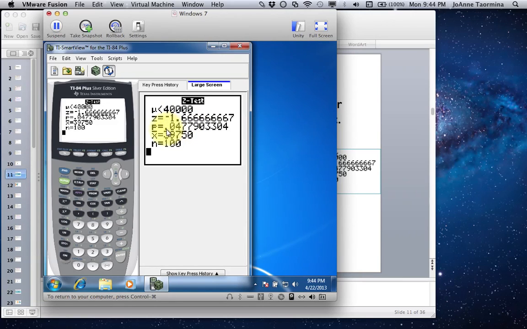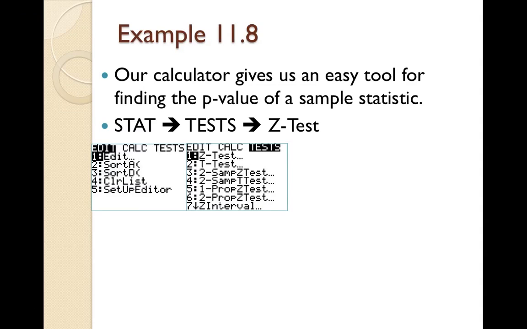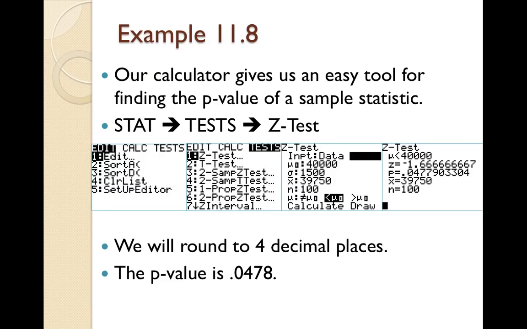That's what we're after right now. We're going to round our p-value to 4 decimal places because that's what we round probabilities to in this class. So we have 0.0478 as the p-value, and the next 2 lines just give us a reiteration of what x-bar and n were. So this p-value, 0.0478, gives us a probability value, which is essentially an area that goes from negative infinity up to 39,750.